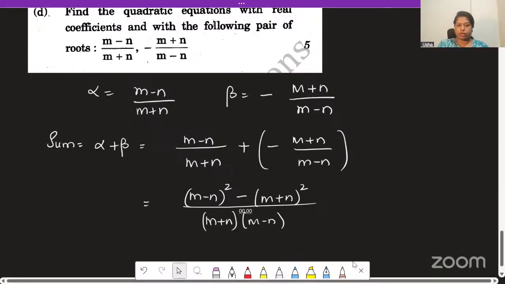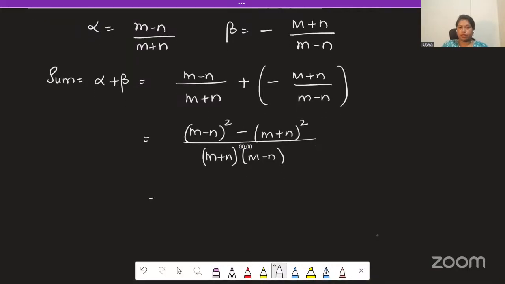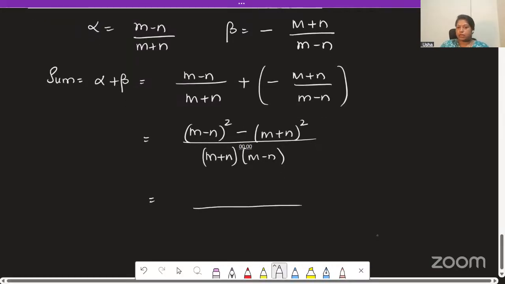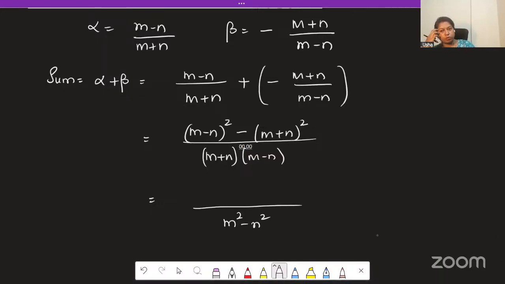Now we will simplify this. M plus n into m minus n, we'll use the a plus b into a minus b formula, which is m square minus n square. For the numerator, if you remember, in one of the previous videos I gave the formula list. See, a minus b whole square is a square plus b square minus 2ab.